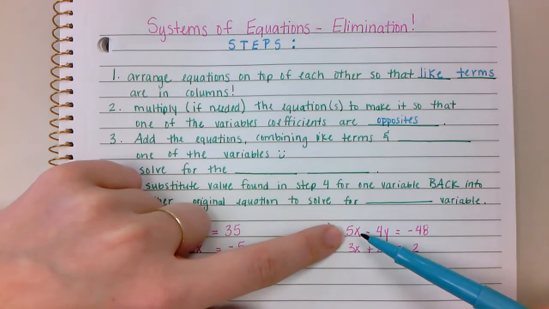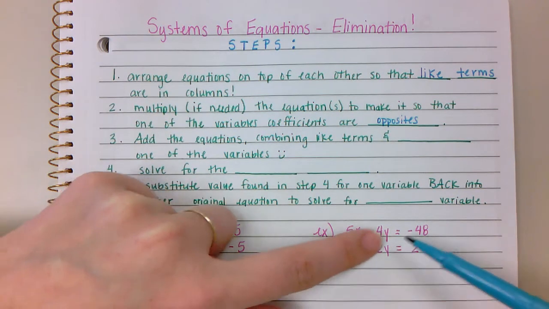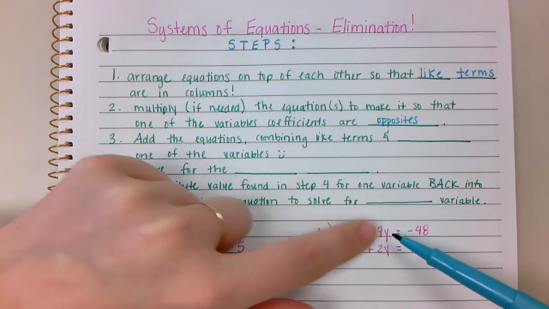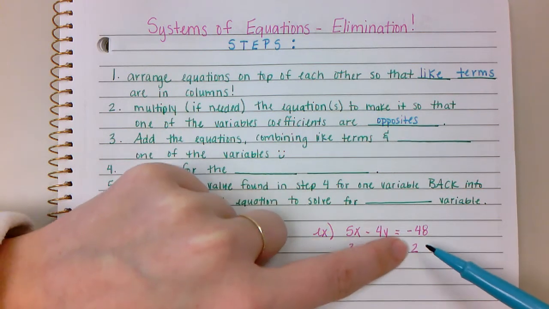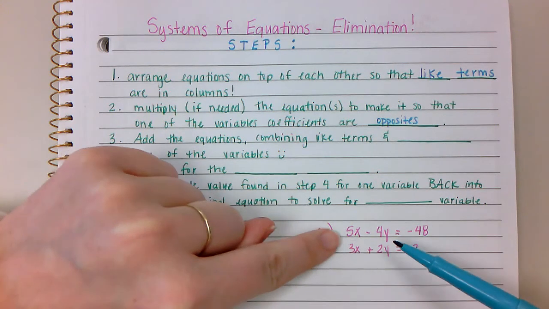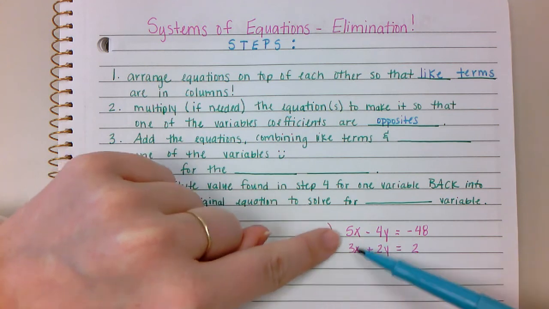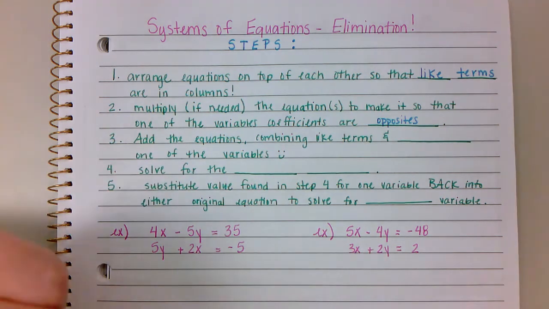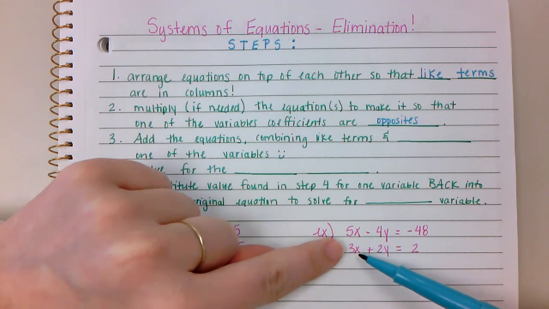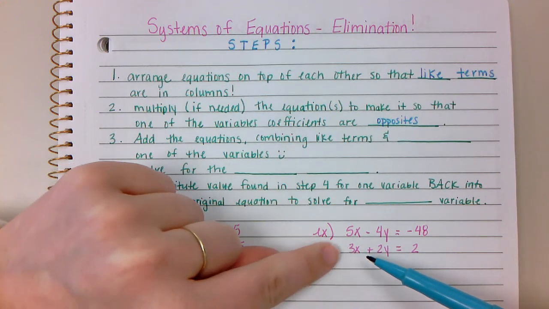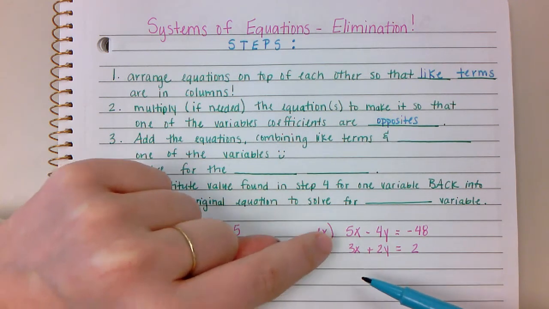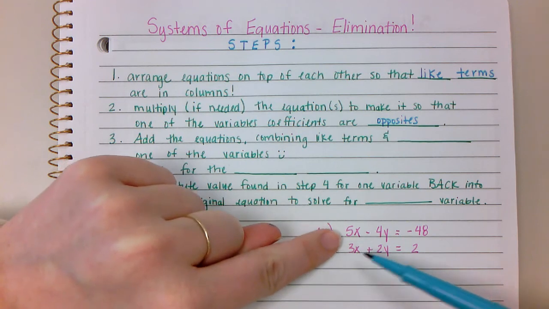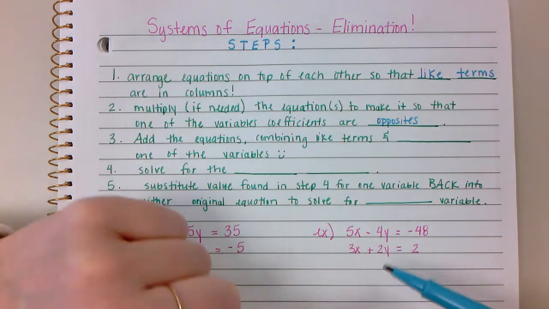But these are stacked like terms, right? So the x's are on top of the x's, the y's are on top of the y's, and the numbers are on top of the numbers. But what we need to do is get one of these variables to be exactly the opposite of the other. So if this is 5x, we would need that one to be negative 5x. Or if this is 3x, we would need this to be negative 3x. Or it can be a factor of both of them. But we always want to use the smallest one.